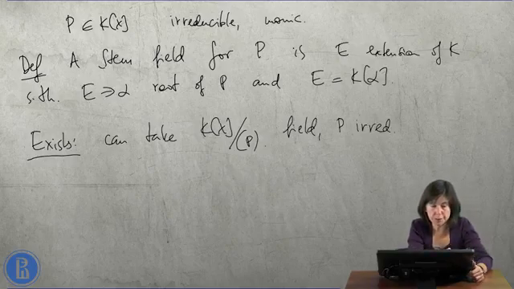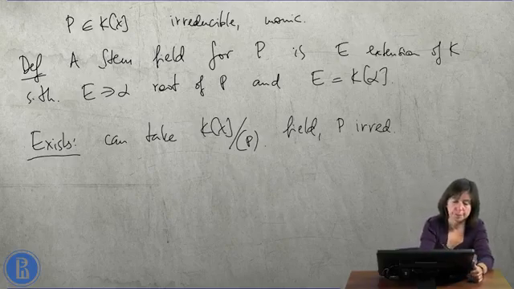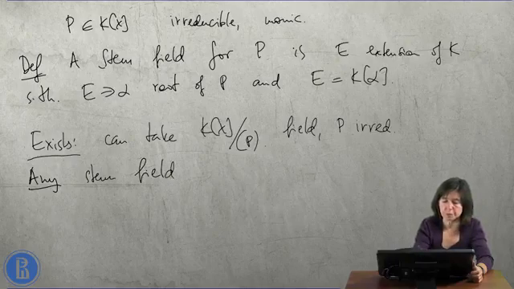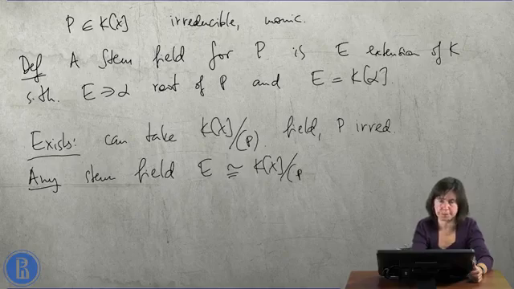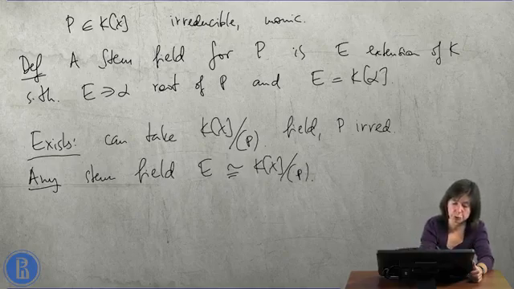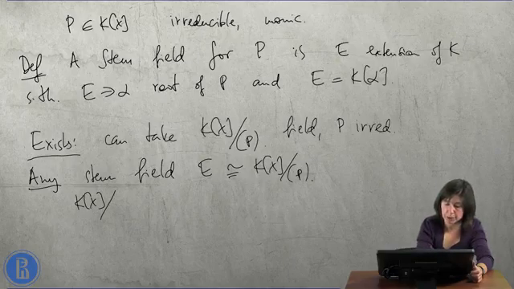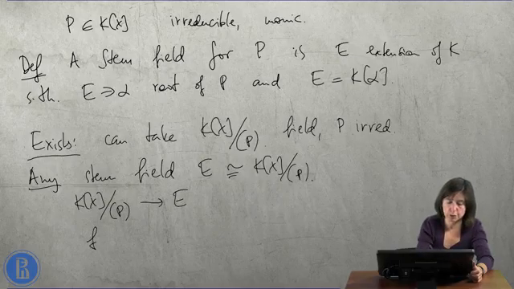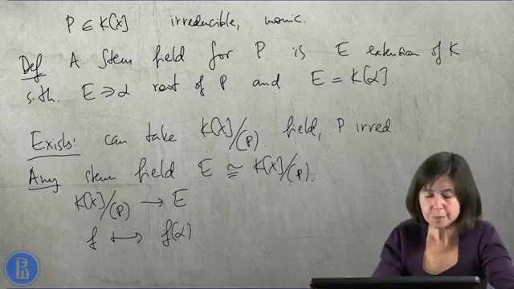Well, on the other hand, any stem field E is isomorphic to such a thing. Well, it is easier to define the isomorphism in the other direction. Let's say K[x] modulo P goes to E by the following formula. So f goes to f(alpha). Okay?